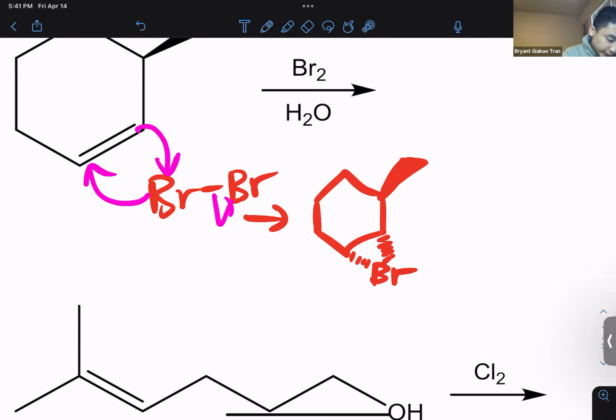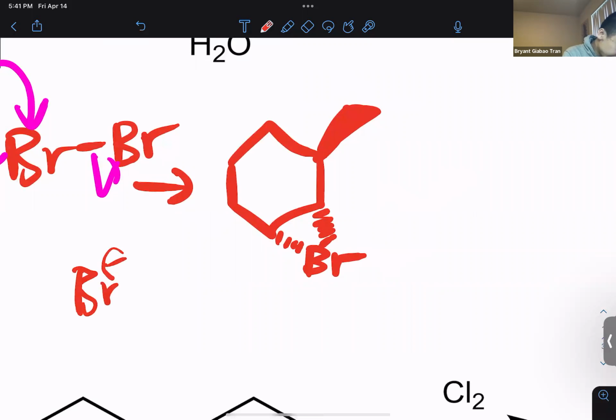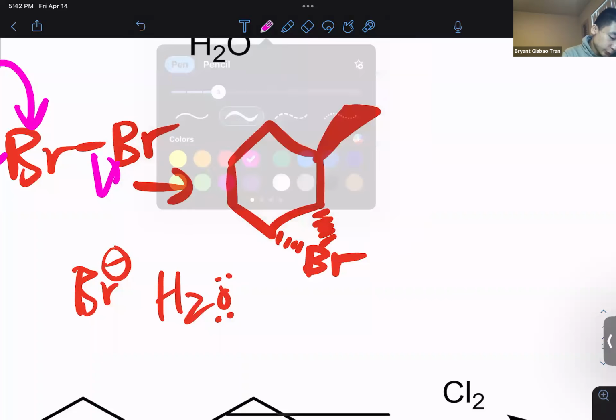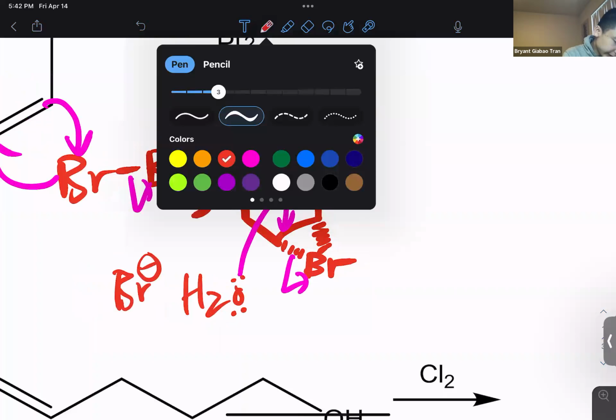Okay. And so to avoid steric hindrance, I put the bromonium ion as a dash to avoid that wedged methyl group there. And we have a Br minus ion floating around and a water molecule floating around. So then this water molecule is the solvent, which is in excess and overpowers the Br minus. So then we're going to use this H2O to attack that carbon, kick out the bromonium ion there.